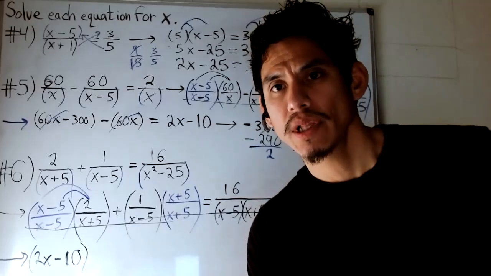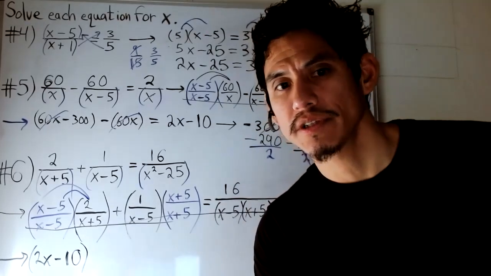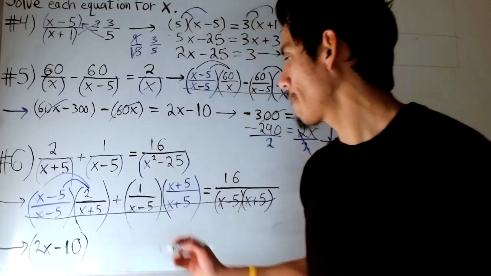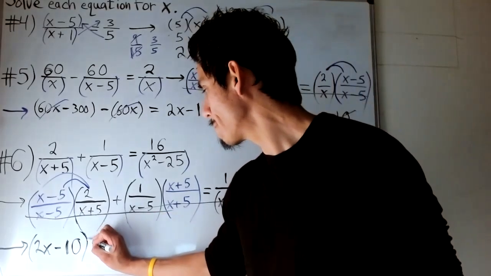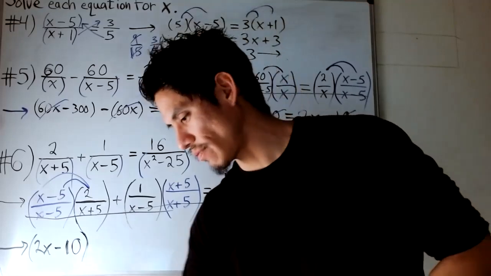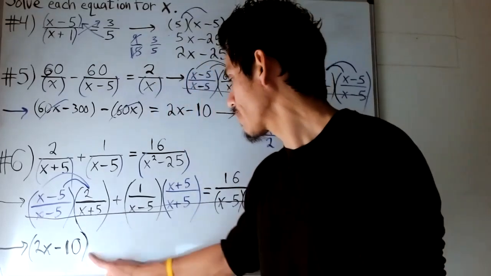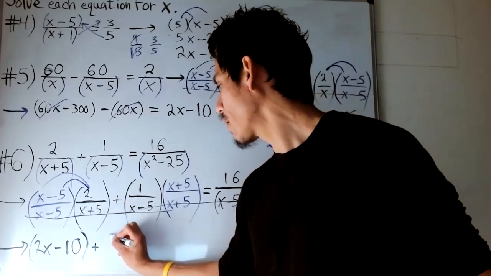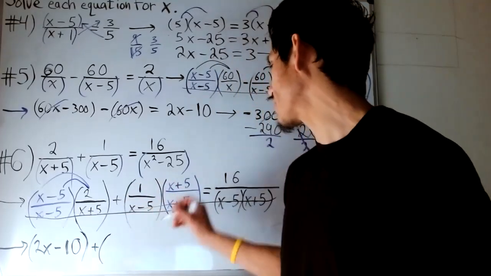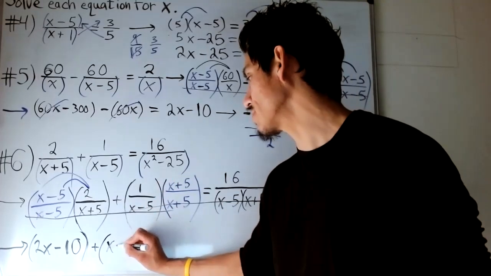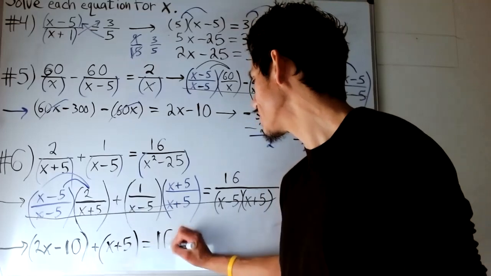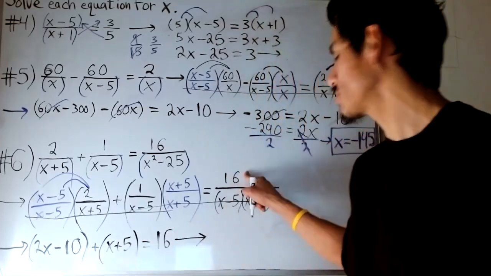Let me maybe adjust this camera so you can see this better. There you go. Get a different marker. Plus the 1 times x plus 5 is not an issue. That just becomes x plus 5. Is just equal to 16, which we got here.